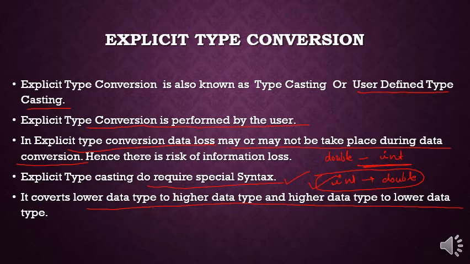In implicit type conversion, there is no risk of a loss of information, but in explicit type conversion, data loss may or may not take place during a data conversion. No special syntax is required for the implicit type conversion, but explicit typecasting does require a special syntax. Implicit type conversion converts the lower data type into a higher data type, but explicit type conversion converts lower to higher and higher to lower.